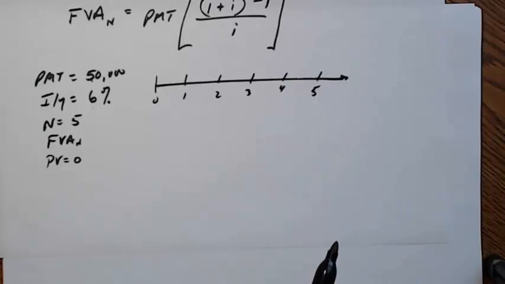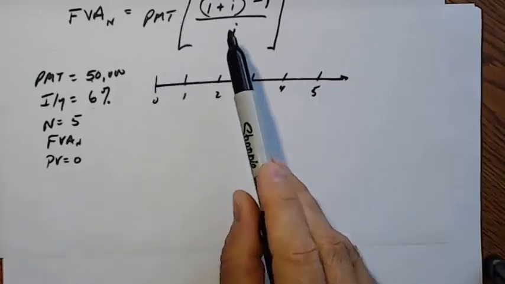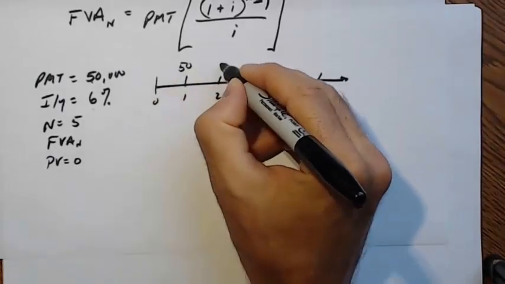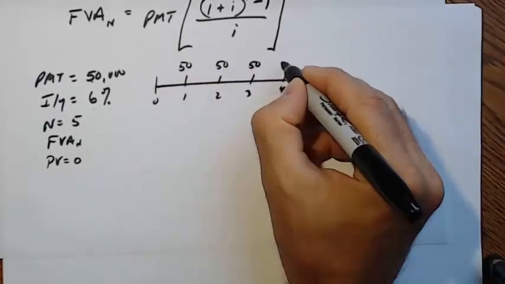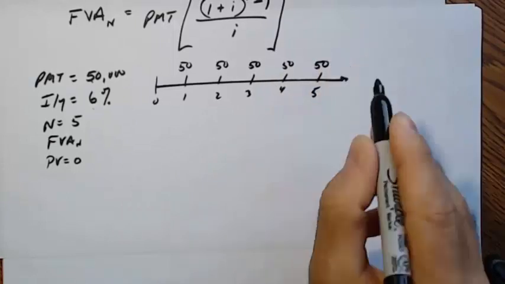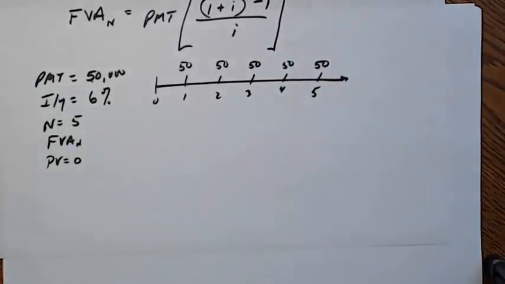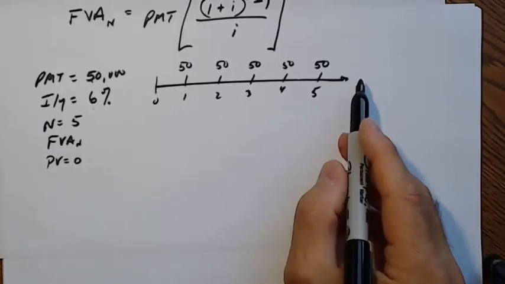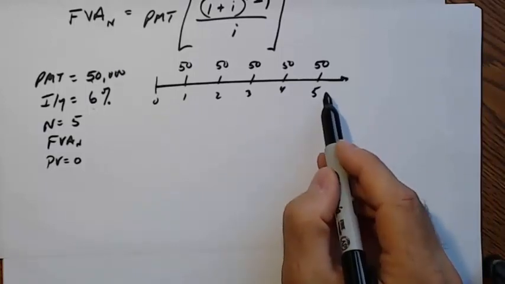You should be systematic, in other words, so that you're organized in putting these timelines together. So here I put 50, 50, 50, 50, and that's where I put my cash flows across the time, across this time series here, this timeline.